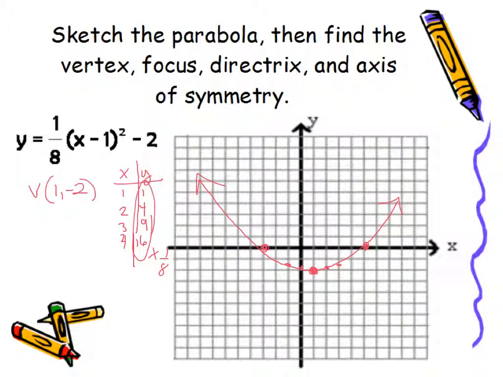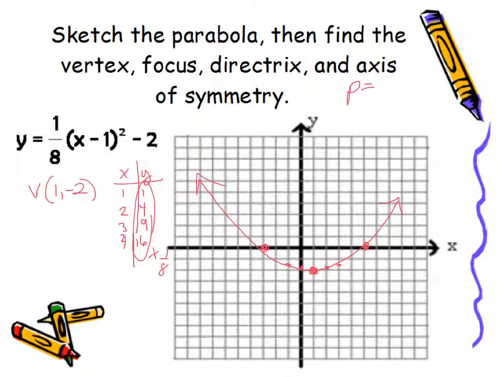Now the other things we want to find are the focus and the directrix, and those have to do with that p-value. Remember that the focus is going to be up here somewhere in the cup of the parabola, but I need to know this distance from the focus to the vertex. Since I know my a value is 1/8, and I'm looking for the p-value, up here I'm going to do a little bit of work so I don't get too cluttered.